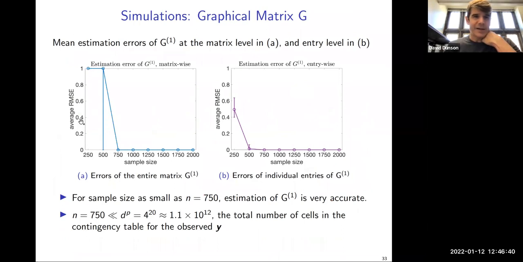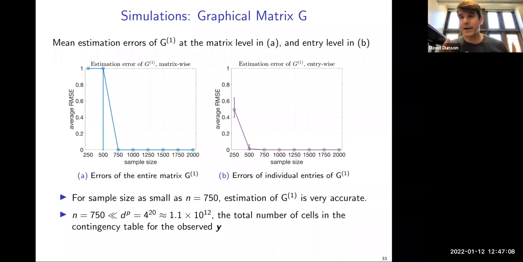If we had quite a small sample size at estimating G, we did poorly, but then as the sample size goes up, we do really well, and at some point we do perfectly, like after sample size 700 or something. You might think, well, 700 is pretty large, but here we're considering a contingency table where each categorical variable has 4 levels, and there's 20 categorical variables.